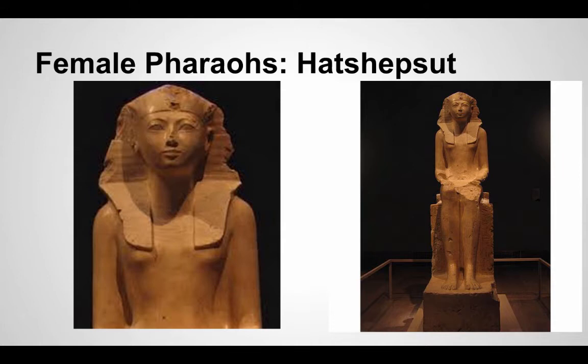So here she's female. You can tell a little phenotypically that she has a kind of softer face, other anatomical features indicating her femininity, but still shown as very strong. She led over a very prosperous time period, built a lot of great structures, not the pyramids or anything like that, but was believed to have been a pretty strong leader.